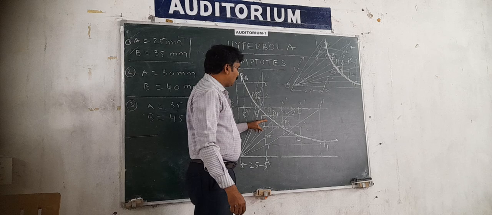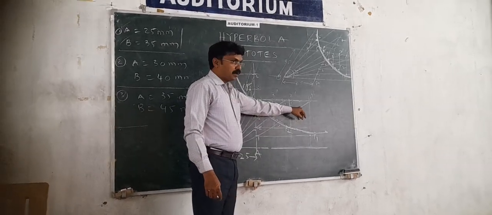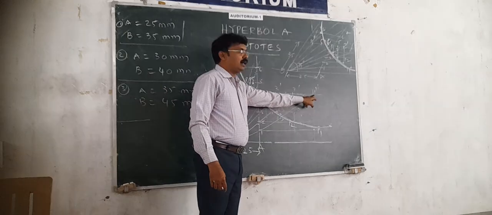Now join O1 and extend it onto the asymptote B until 1 dash.